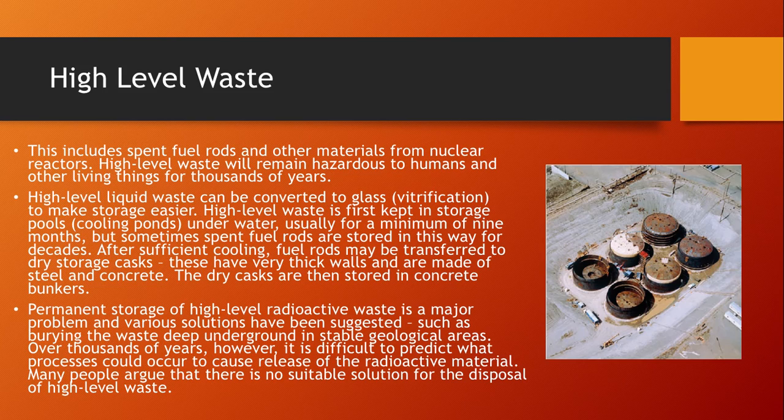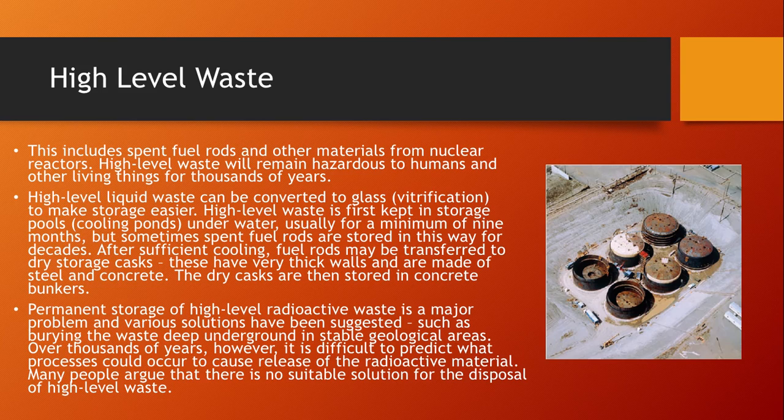Now, this permanent storage, because it takes so long for the radioactive material to decay, is a major problem, and various solutions have been suggested, such as burying the waste deep underground in stable geological areas. But over thousands of years, it is difficult to predict what processes could occur if the radioactive material is released.